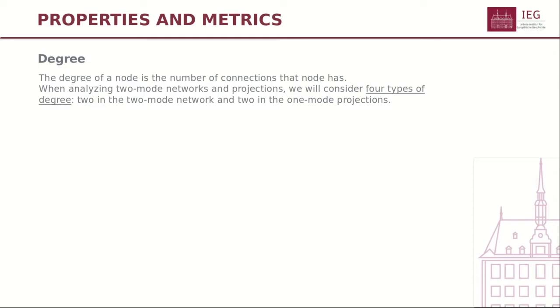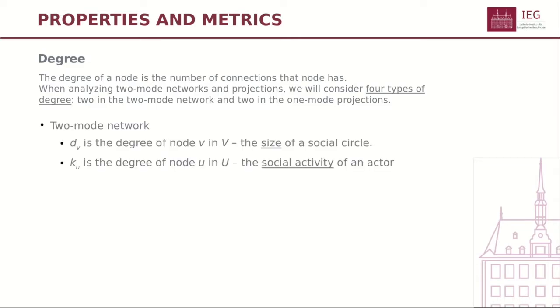So we will have 4 types of degrees to talk about here. In the 2-mode network, we have the degree D sub V, that is the degree of node V in set V, representing the size of the social circle. That is how many actors participate in that social circle.